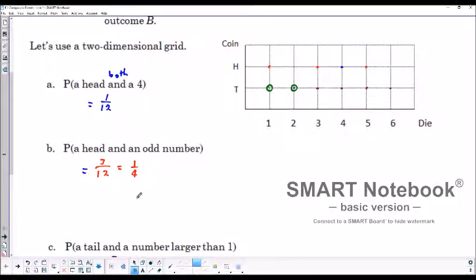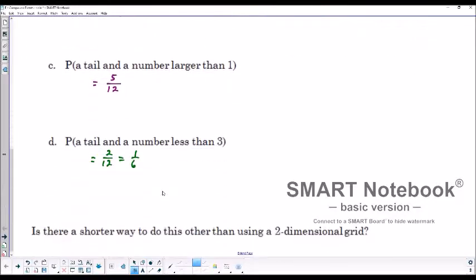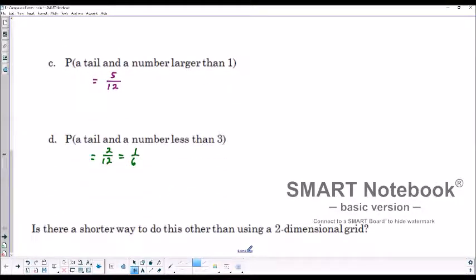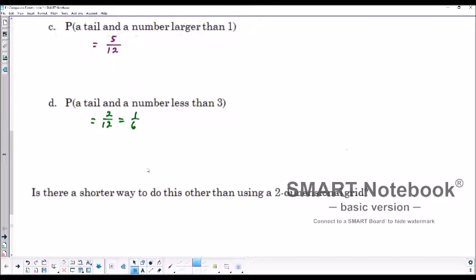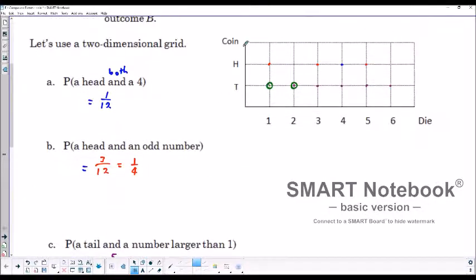But maybe there could be an easier, more straightforward way of finding these. If we look at these different outcomes, they both result from a coin and a die roll.